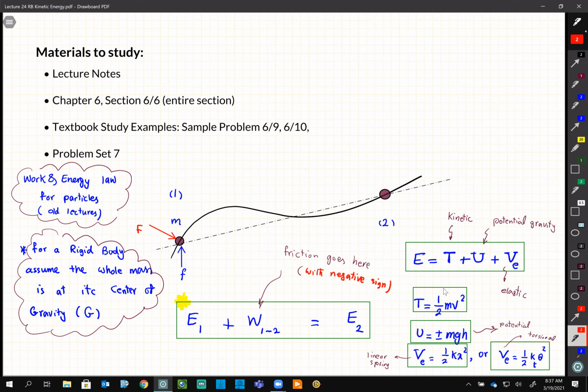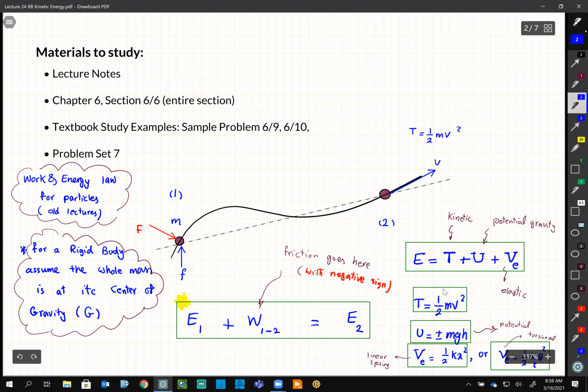Then the only thing left is the kinetic energy for a rigid body, because for a particle, it's easy. If this particle has a speed v, in whatever direction it moves, of course tangent to the path at each moment, then simply T is 1/2 mv squared.